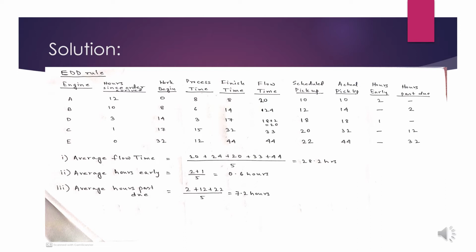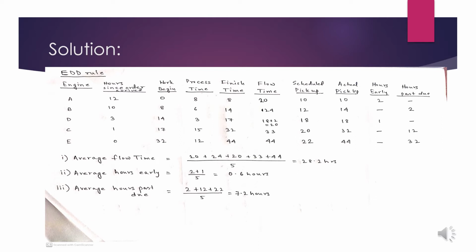But that engine's work had been completed, if you look at the finish time, at 8. So even if the work is picked up at 10, the work has been completed at 8. So hours early becomes 2. Is it clear to everyone? If not, I am repeating once more.